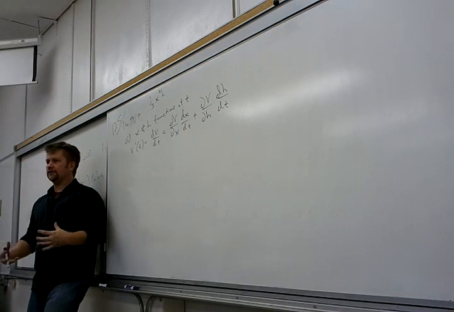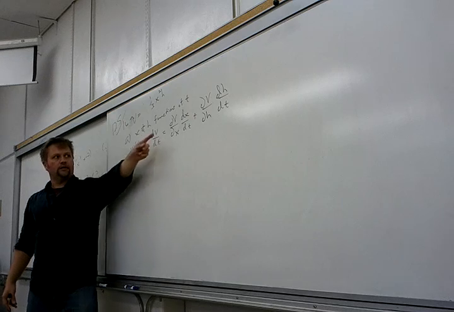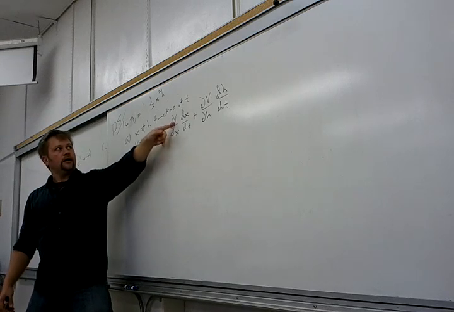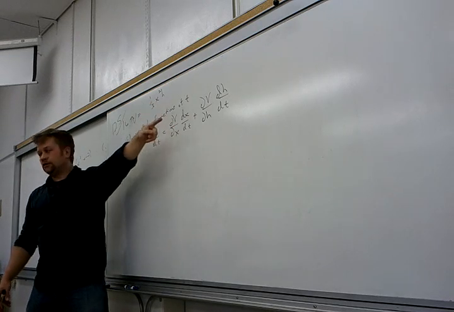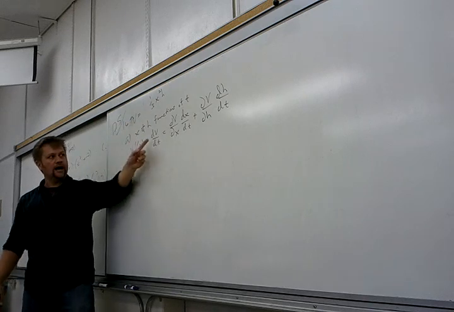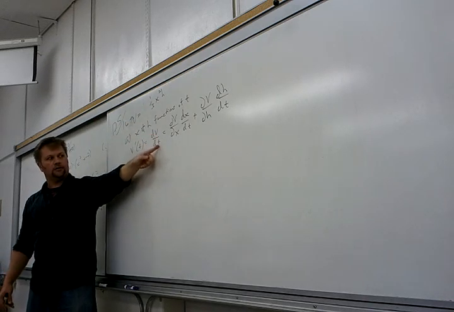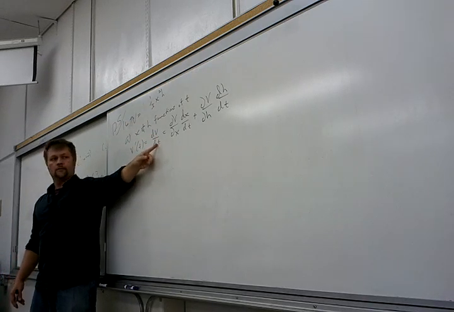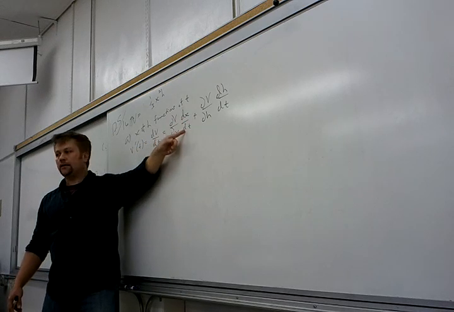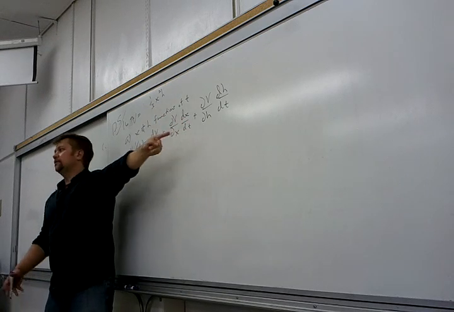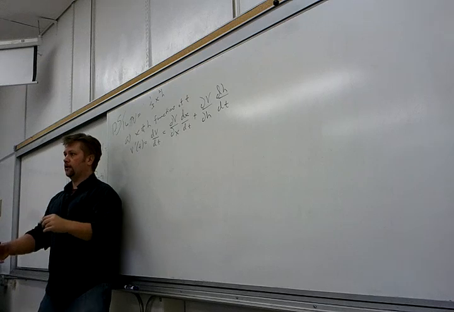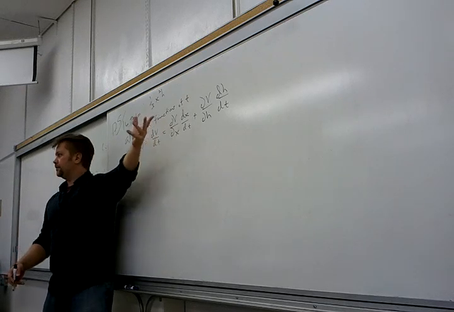This has to be written as a partial because it's dependent on x and h, right? This one does not because it is actually only dependent on t in the end. X is only dependent on t, so it's not a partial. H is only dependent on t, so it's not a partial. And so forth. Now you just have to fill in all the pieces.